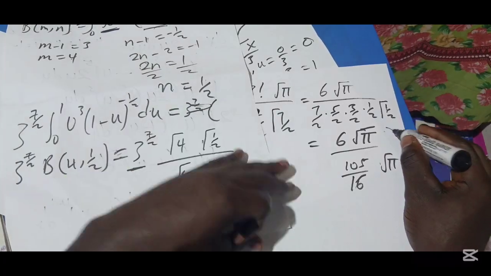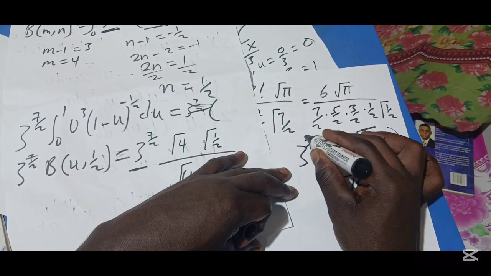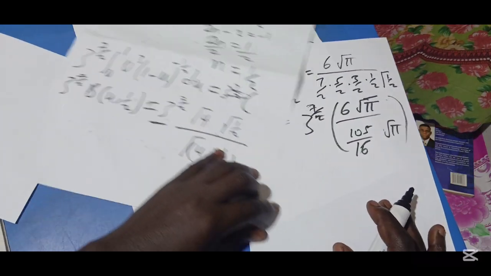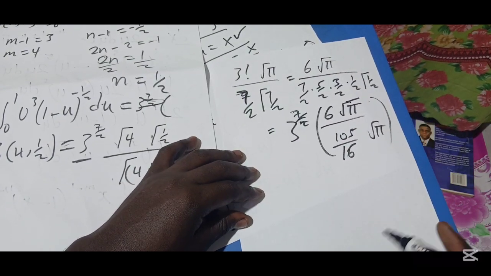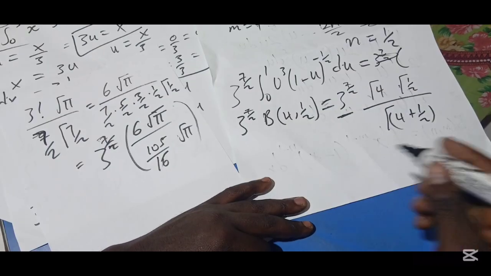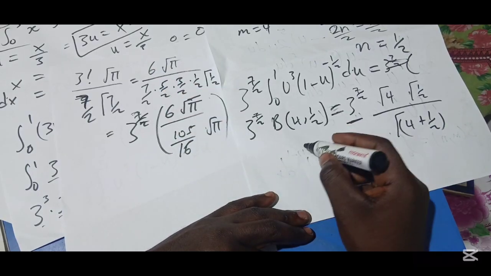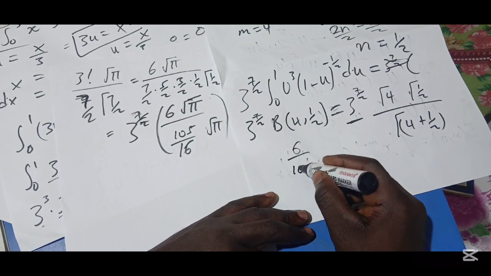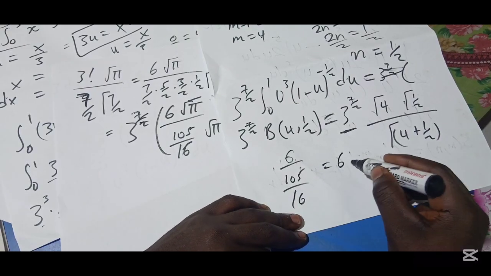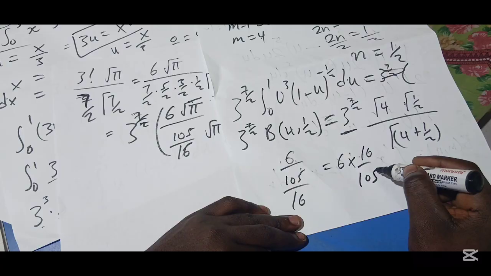To be on the safer side, 3 to the power 7 on 2 is here. Let's take just the numeric expression. We have 6 on 105 on 16, right? So this will give me 6 multiplied by 16 on 105, right?